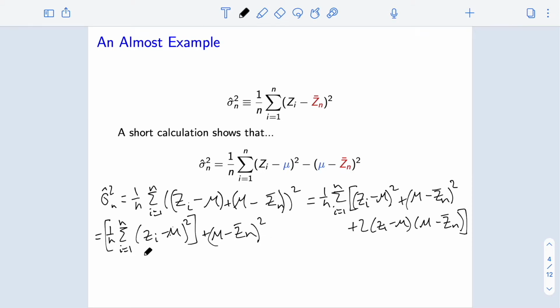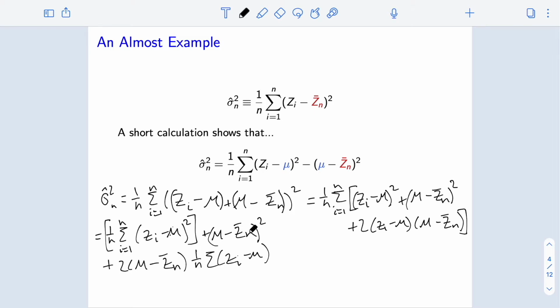So we will then have plus 2 times (mu minus Z bar n) times 1 over n sum of (Zi minus mu). All right, so this first piece we're not going to have to worry about.